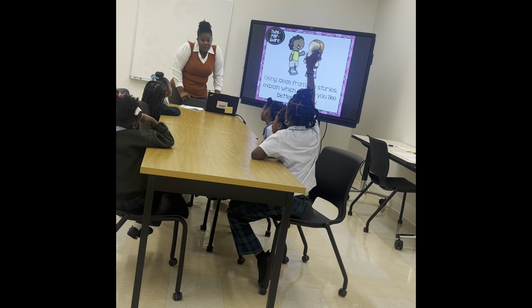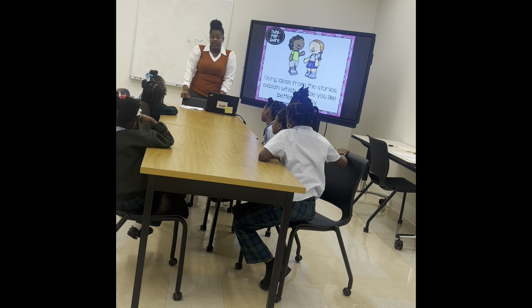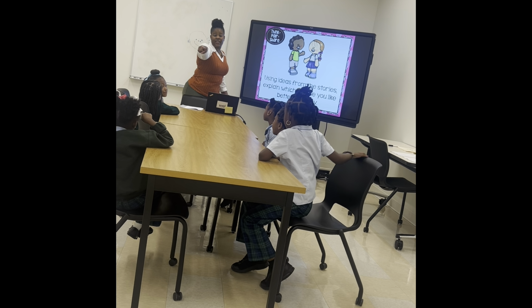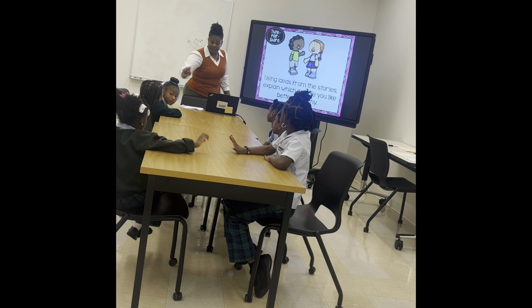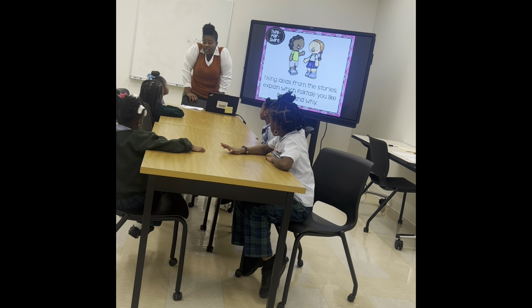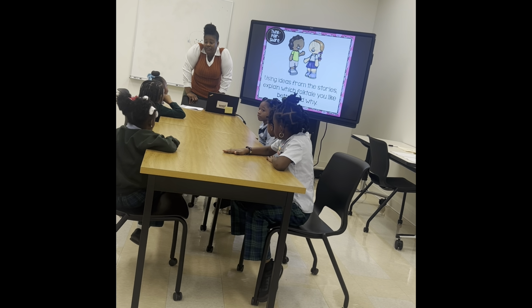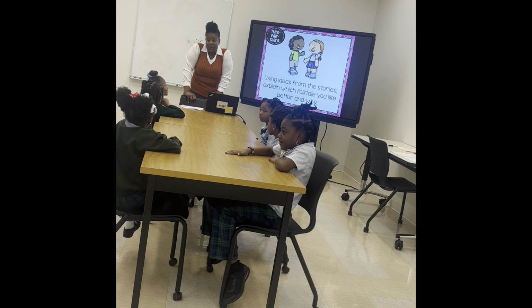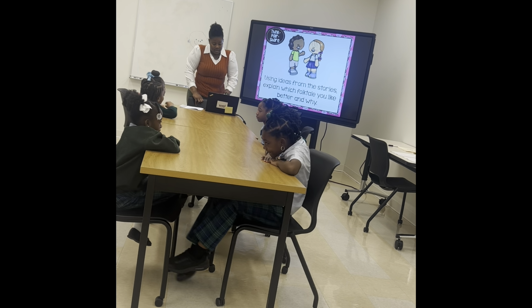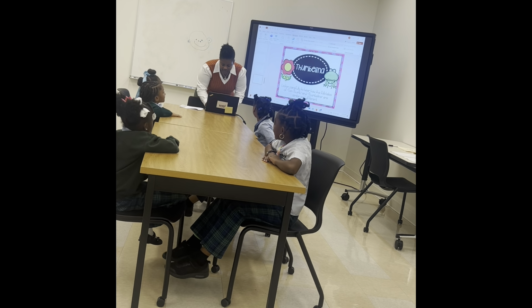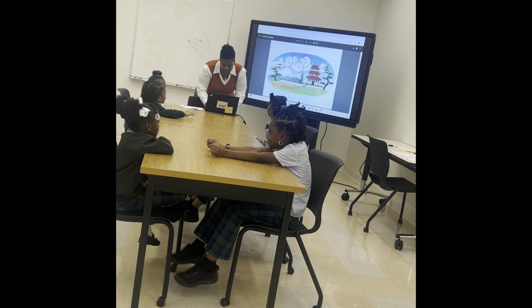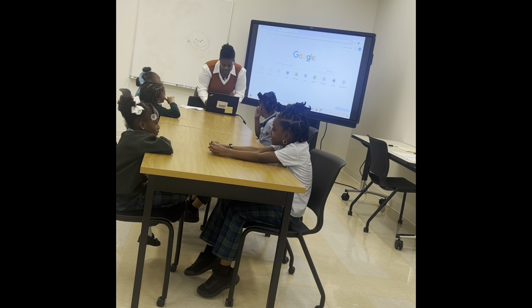Okay, so what we're gonna do is I want you to get a partner. I want you two together, you two together, and you two together. Pick which folktale was your favorite and tell your partner why. I'm about to put 2 minutes on the board, okay? Are you ready? Yeah.